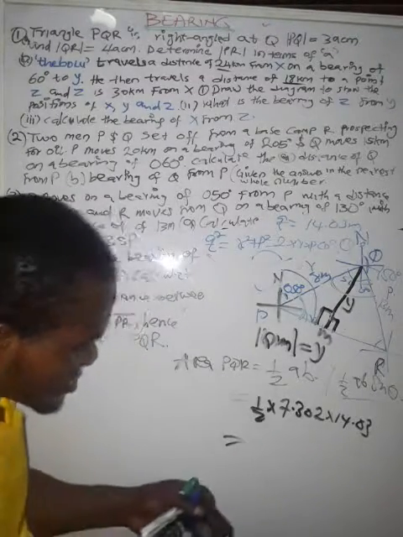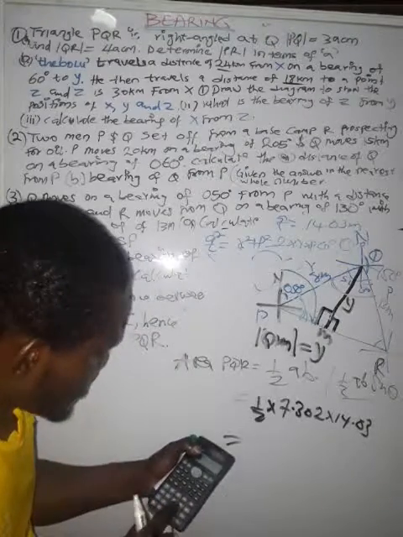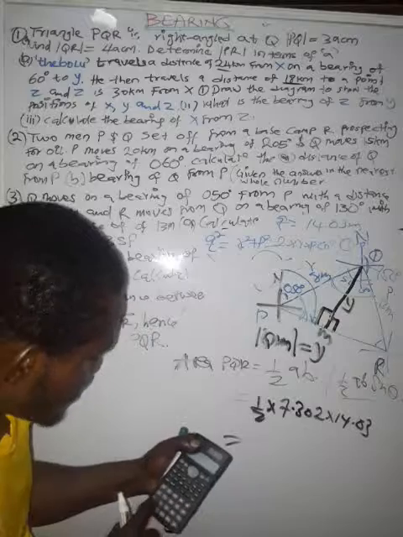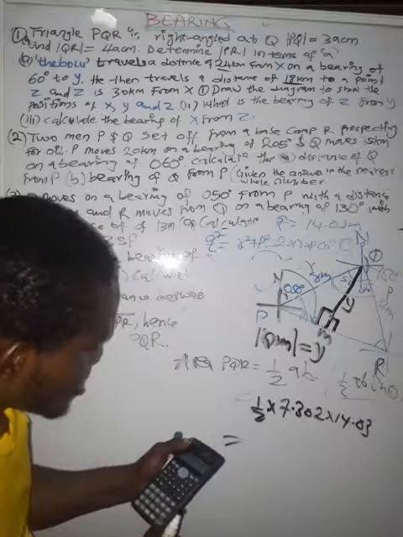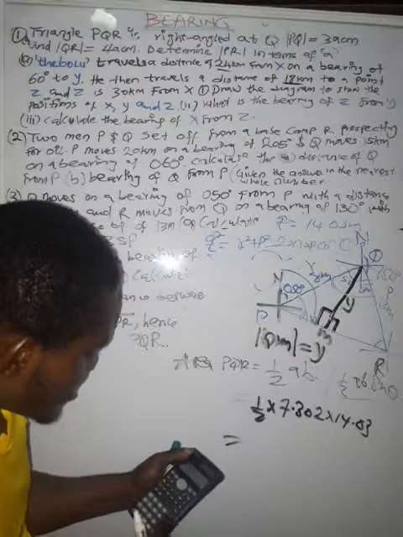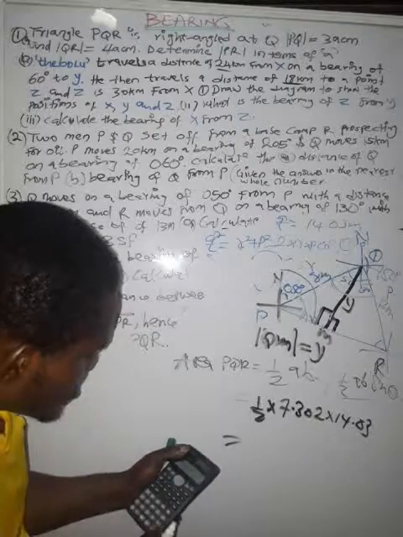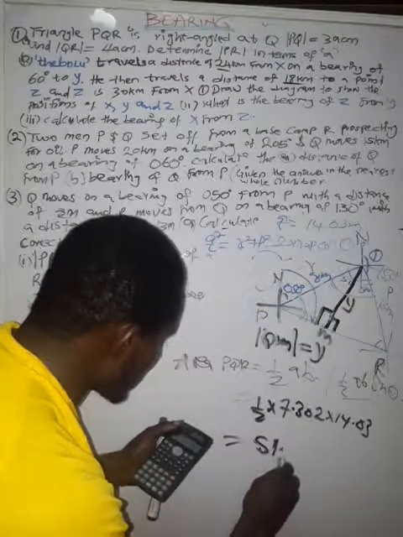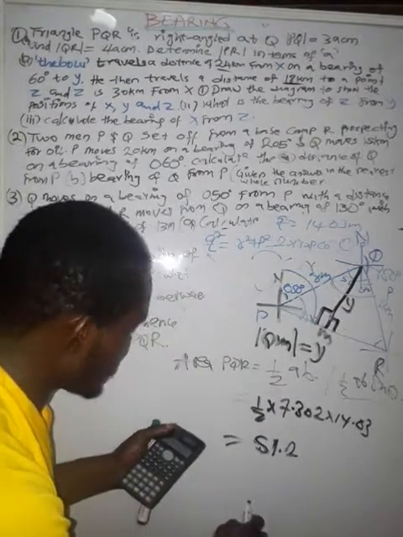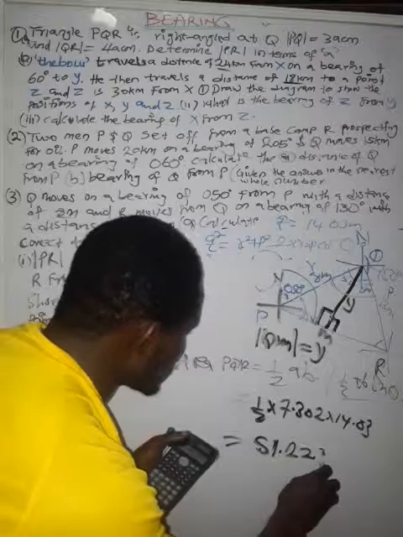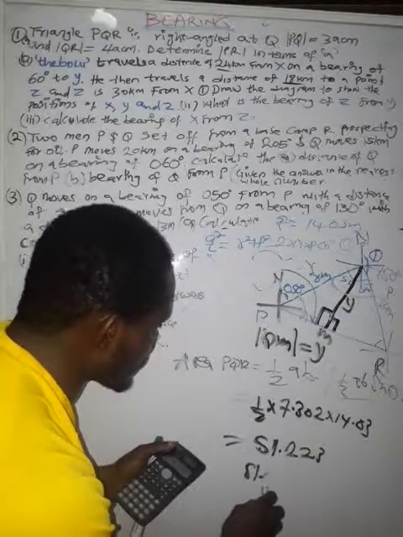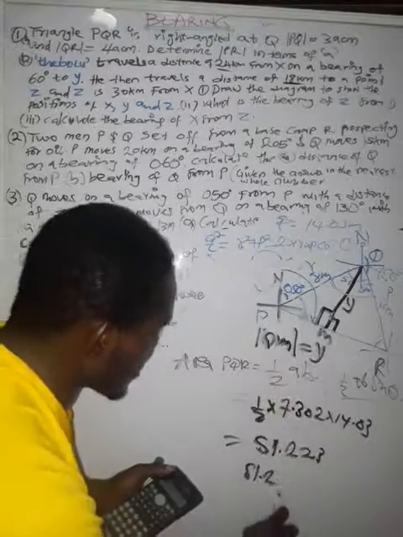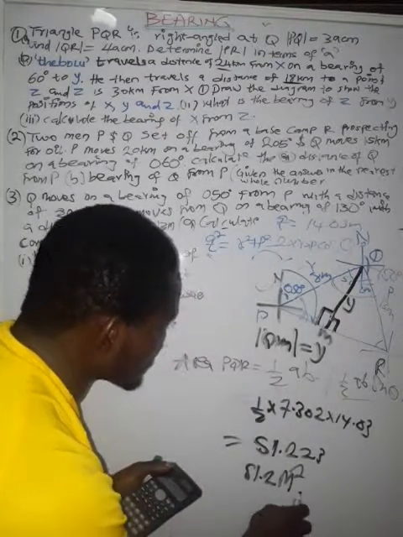So let's multiply: 7.302 multiplied by 14.03, divided by 2. This will be the area, 51.2 to 3 significant figures. The unit of area is meter square.